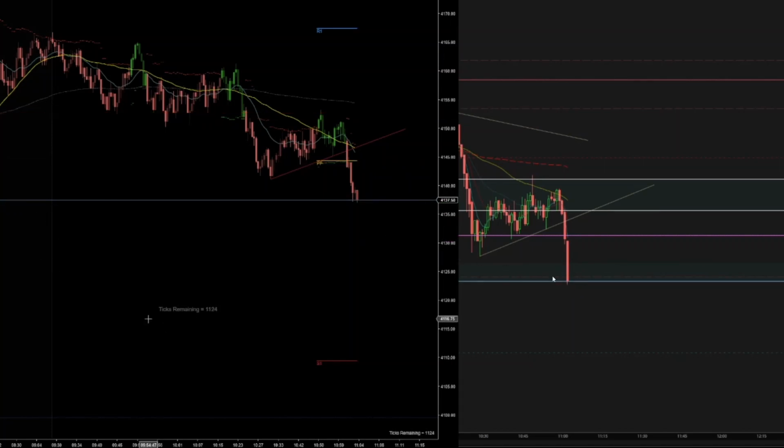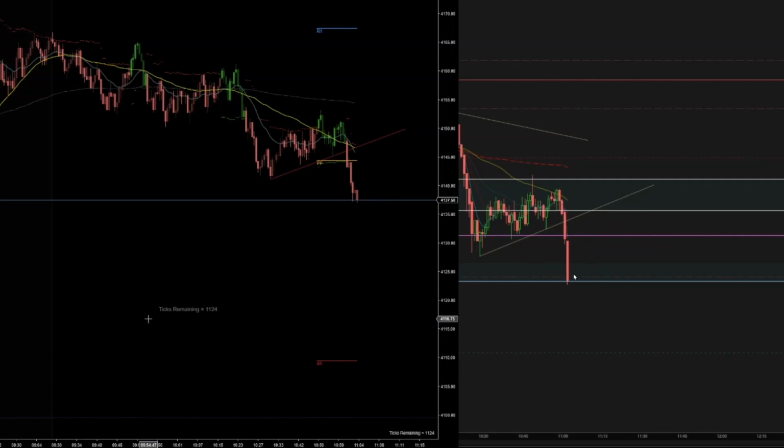So if I didn't have a level here, then I would probably try not to kill this trade and maybe wait a little bit at the upper level here till it stops me out. But since I have this level here, I have a good reason to exit this trade. And don't forget, you can always re-enter this trade.